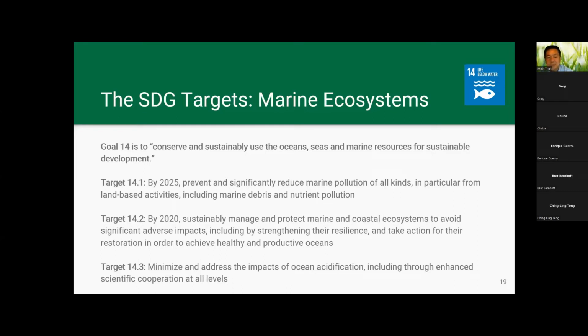Just to give you an example, in the UK or even in the US on the East Coast, it's common knowledge that you shouldn't take a bath, shouldn't go take a dip in the ocean when it rains, or even 1 or 2 days after it rains. Why is that? Because you have overflows from the wastewater system, so it's flowing into the ocean.